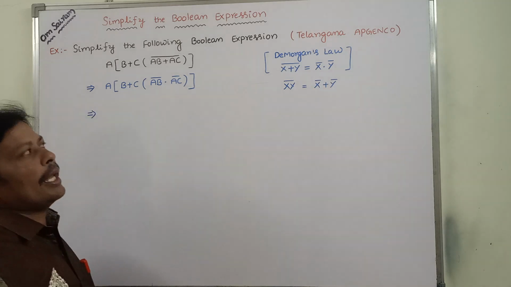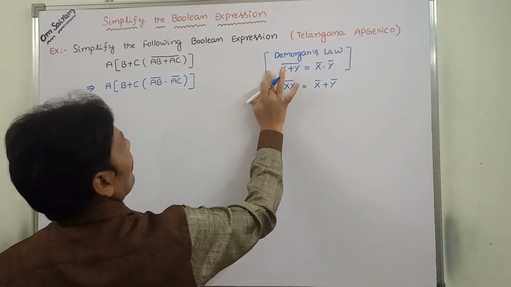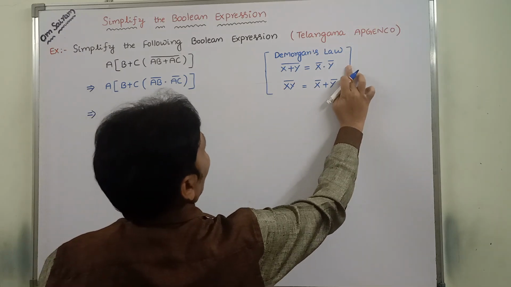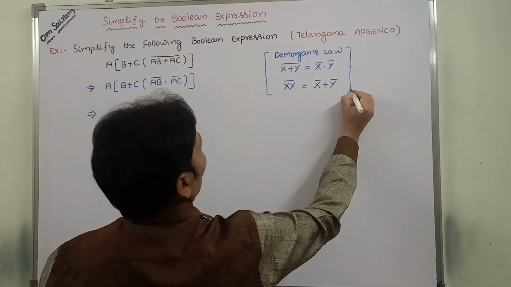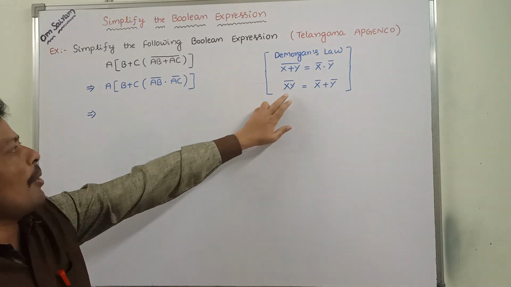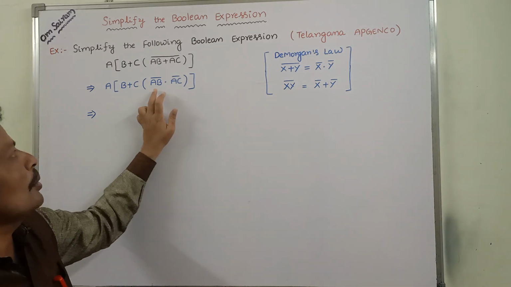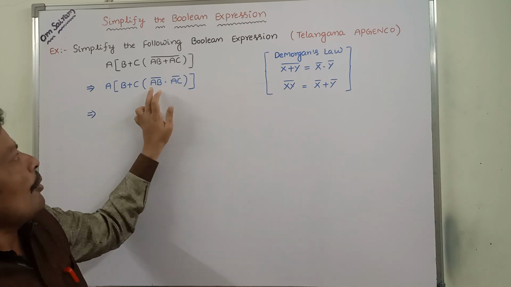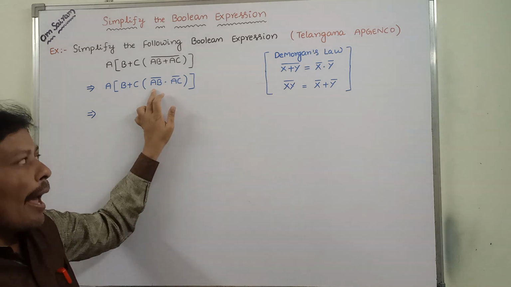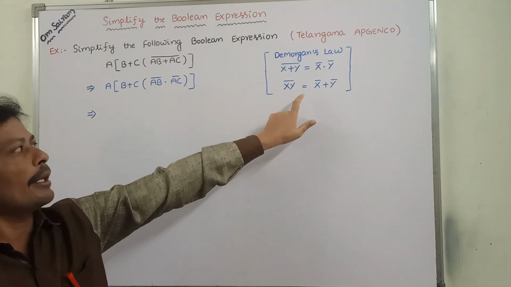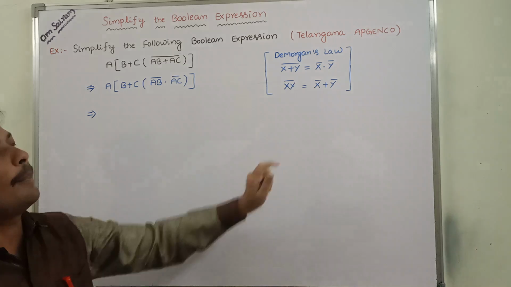This is also a De Morgan's law. So here XY whole bar is similar to AB whole bar. So AB whole bar can be written as A bar plus B bar according to this law.